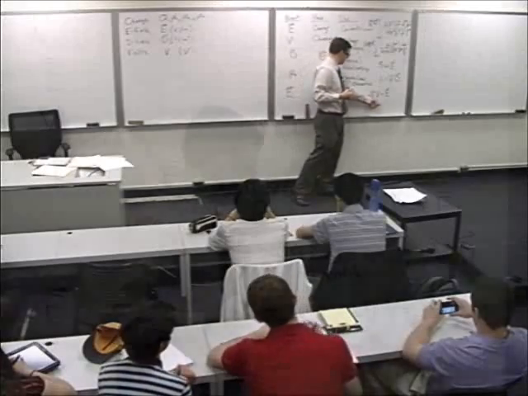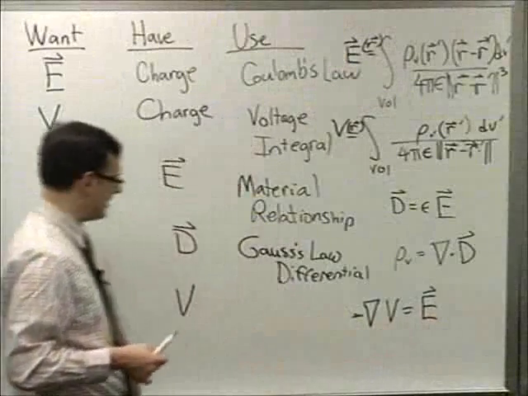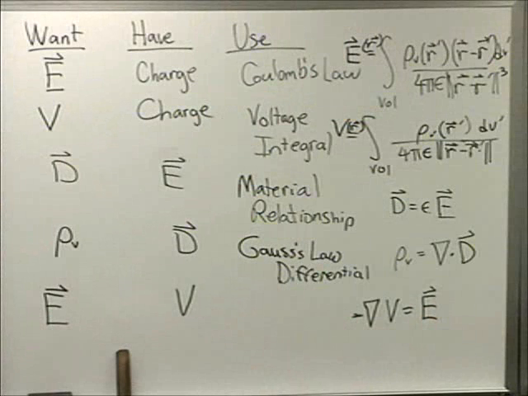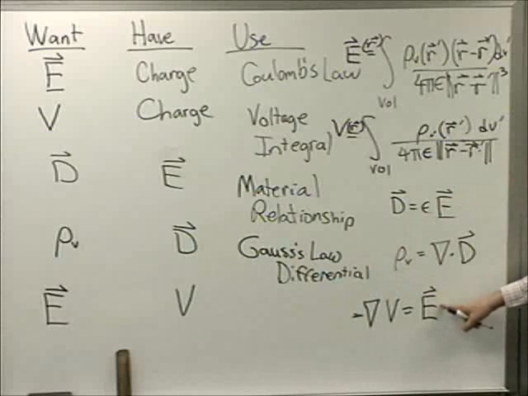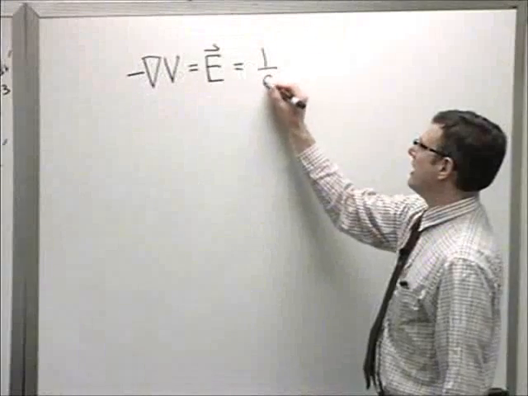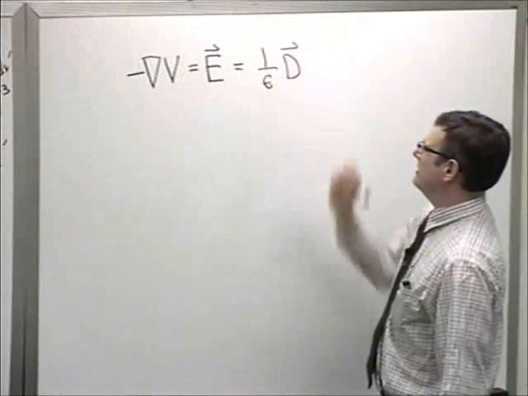Now, Laplace's equation last time was actually the combination of a couple of these relationships. So, for example, let's plug in some stuff. Minus the gradient of voltage is equal to the E field, which is equal to 1 over epsilon times the D field.